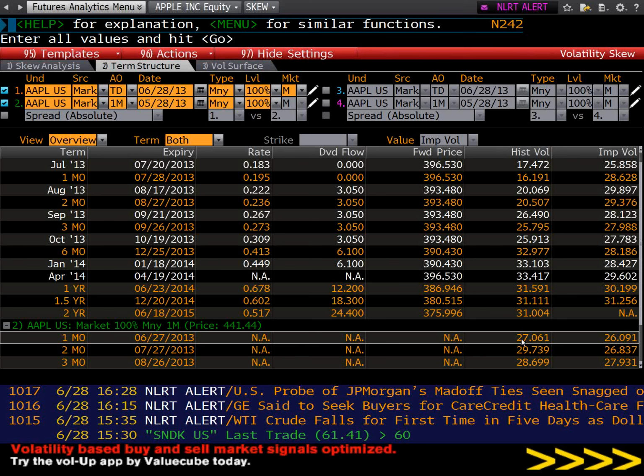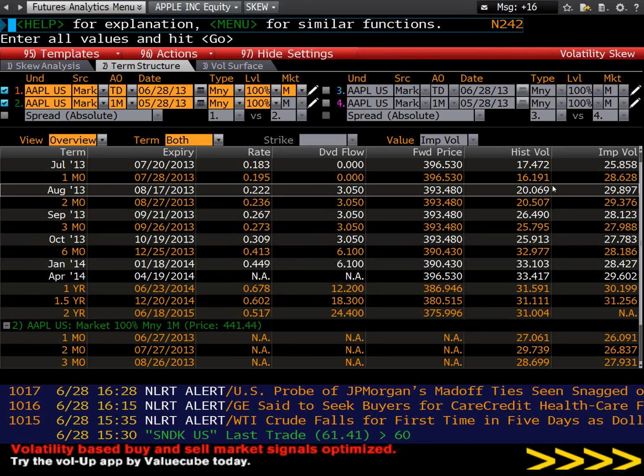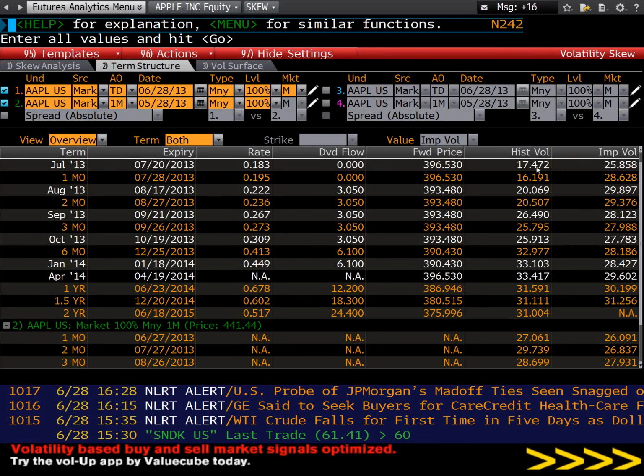Okay. So here we see that the 1 month adjusted historical volatility for Apple is 27. All right? So we're going to jump up and look at the July. Now, note something here. The July options this year will not cover the earnings release because earnings are coming out on the 24th of July, and the July series expires on the 22nd.